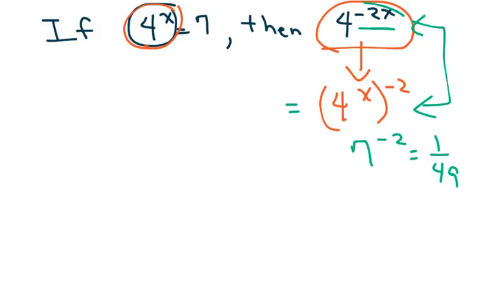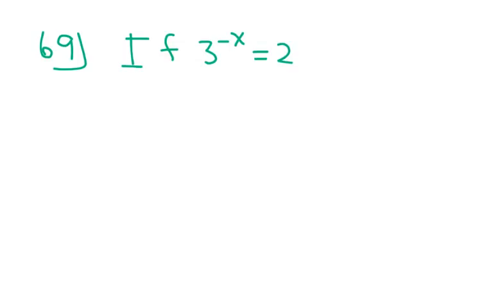Let's do one more of those. This was 67. Let's do one more, 69. So they have, if 3 to the negative x equals 2, then what is 3 to the 2x?